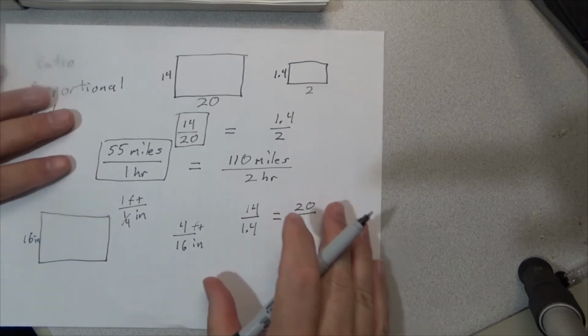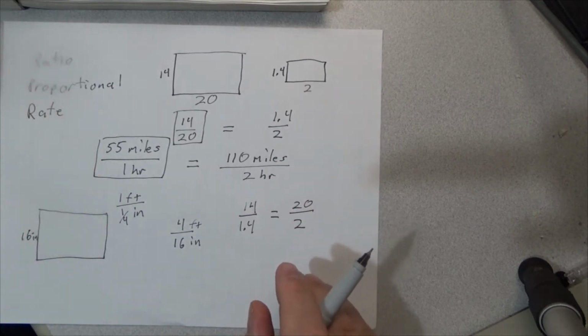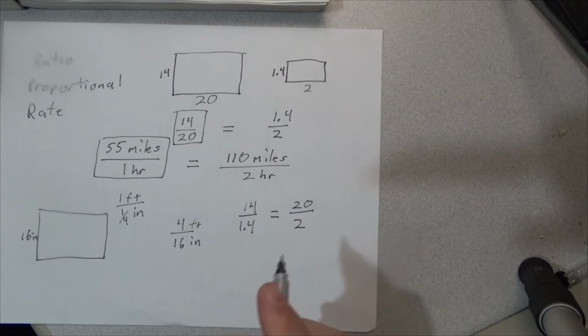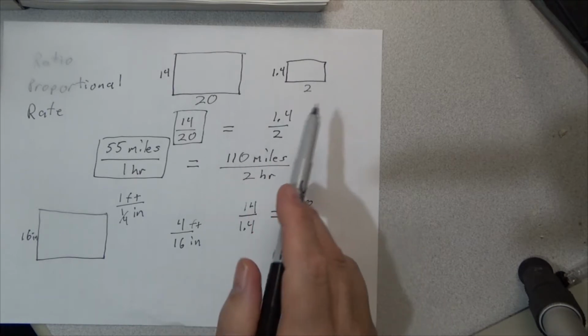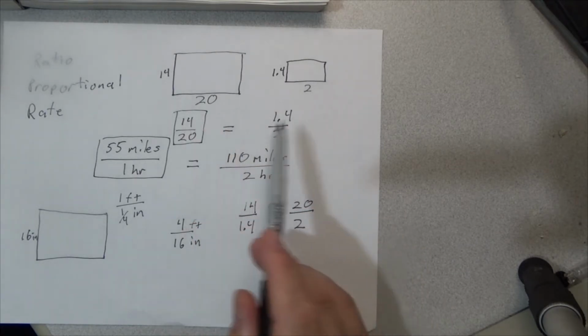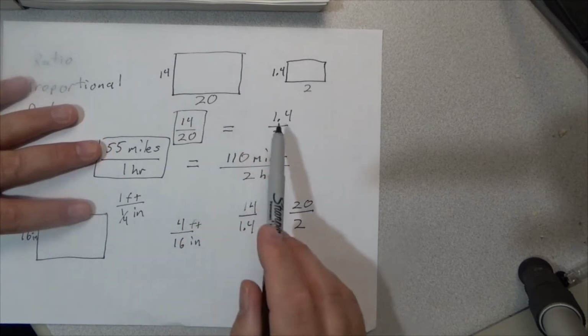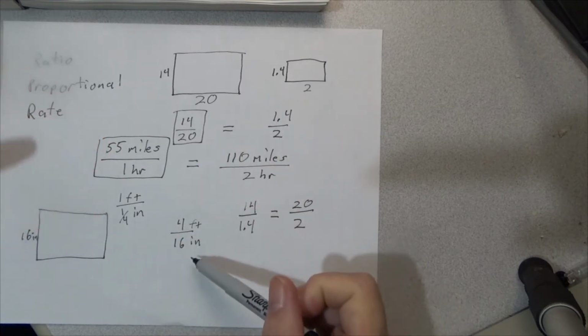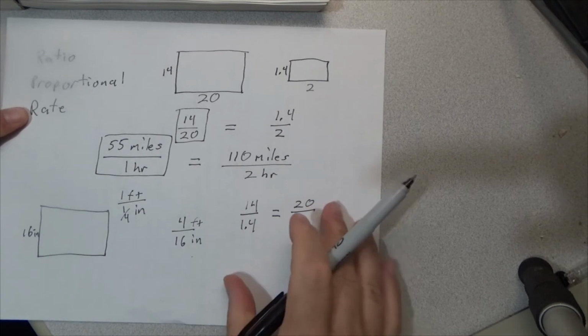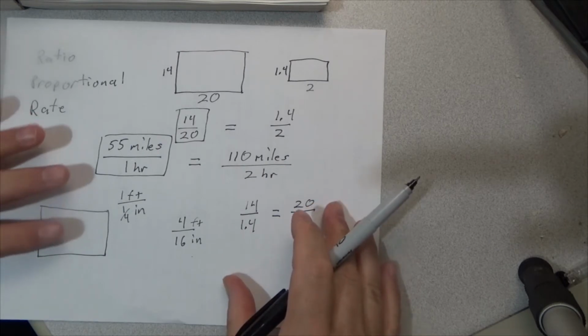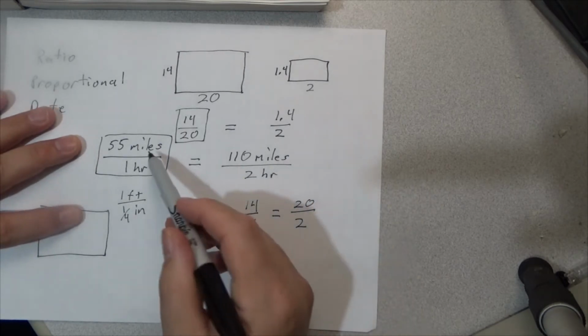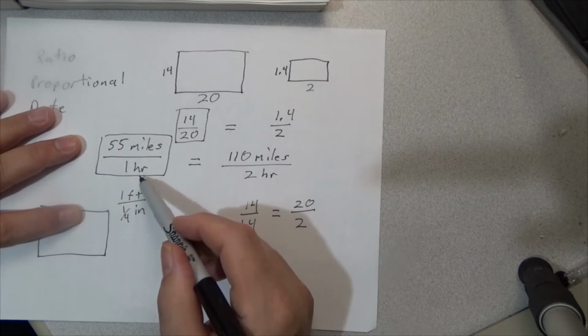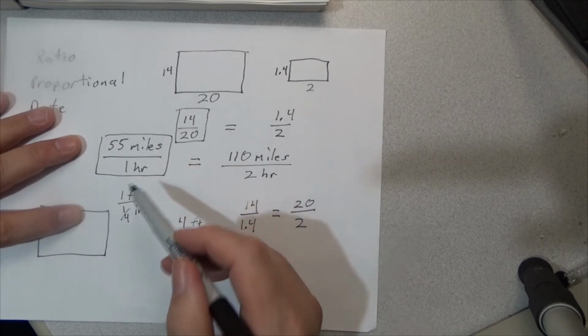Ratios are when you have the same units, for example units of length. I know inches and feet are not the same units, but they're units of length. Now a rate is when you have different units. For example, 55 miles per hour. So 55 miles in 1 hour, that's a rate.